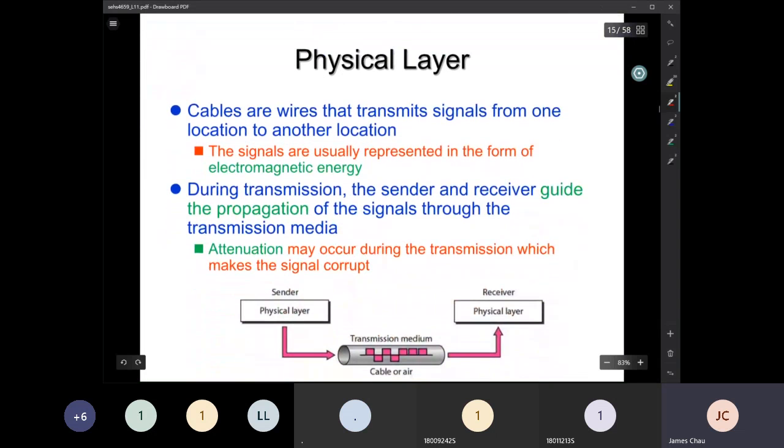Now actually, remember we told you about the OSI model in the network. It has 7 layers, and the cable system refers to the physical layer. That means layer 1 in the OSI model. And cables are nothing more than a means to transmit signals from one location to another location.